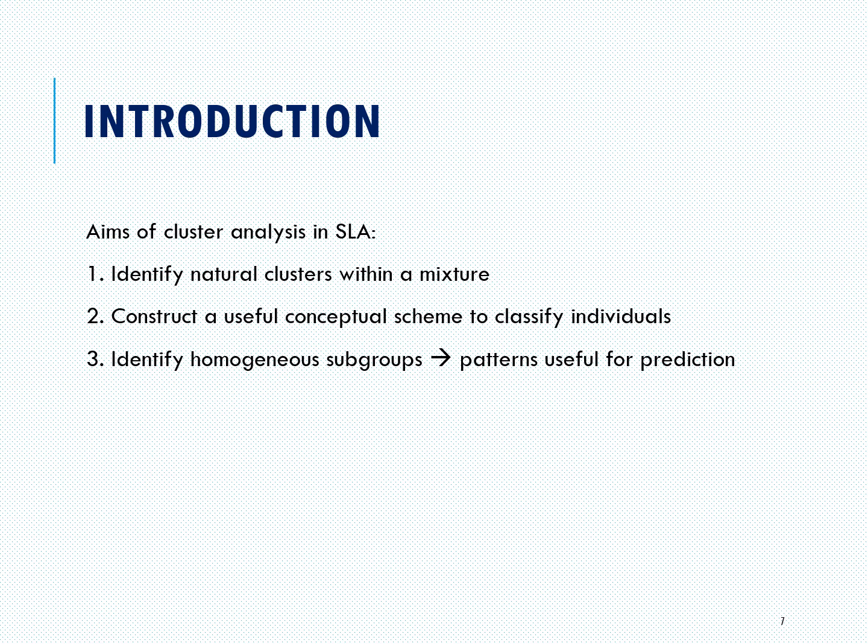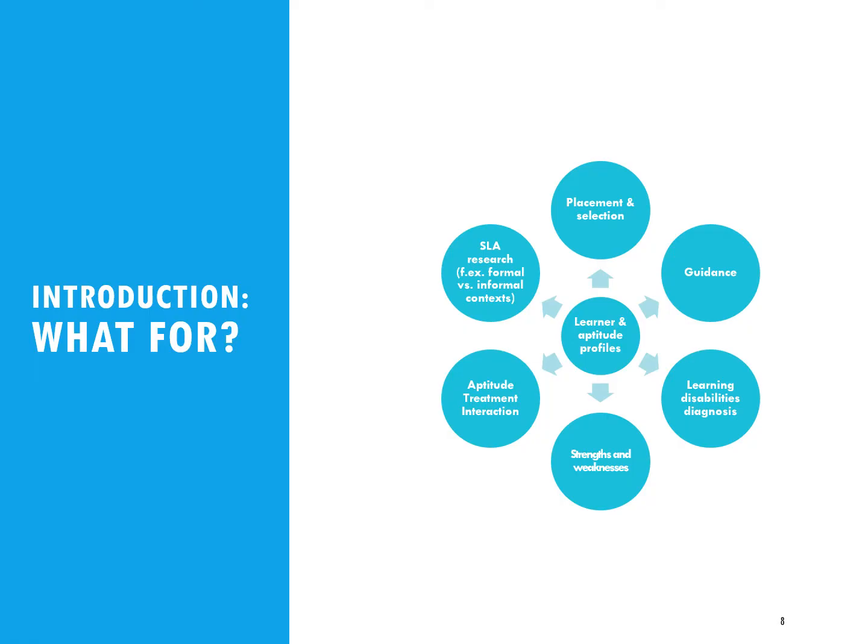Well, basically to identify natural groupings within a pool of participants, which can then be classified for further description and prediction of future behavior, with the final aim of being able to cater for the diversity that we can find in, for instance, a foreign language classroom. As foreign language aptitude tests, clusters can also be used for placement and selection, guidance, diagnosing language learning disabilities, for aptitude treatment interaction, or just for plain research.